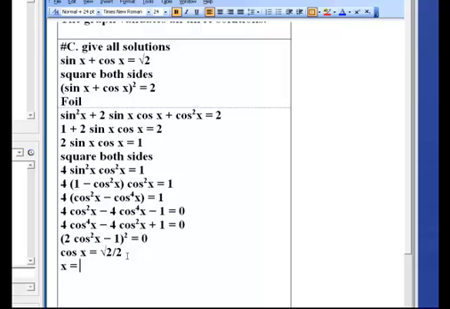So we're going to have x equals 45 degrees. I'm going to double check if I have to be in radians. So 45 degrees, which is pi over 4. So here we go. Pi over 4. And in the 4th quadrant, so we're going to have 7 pi over 4.